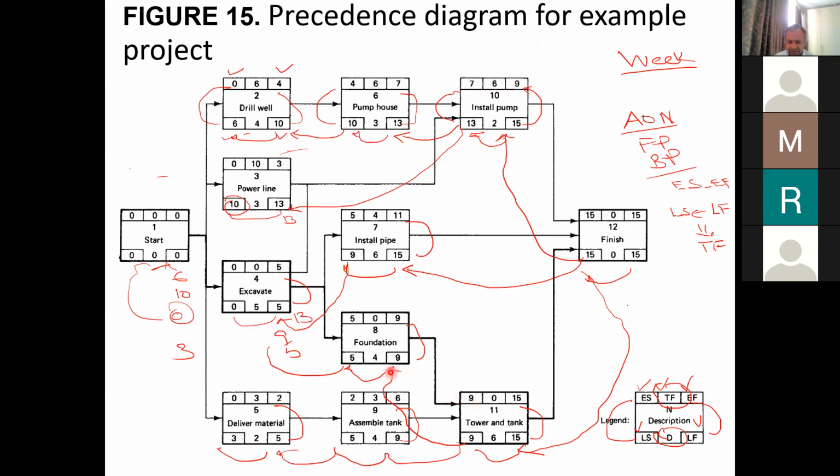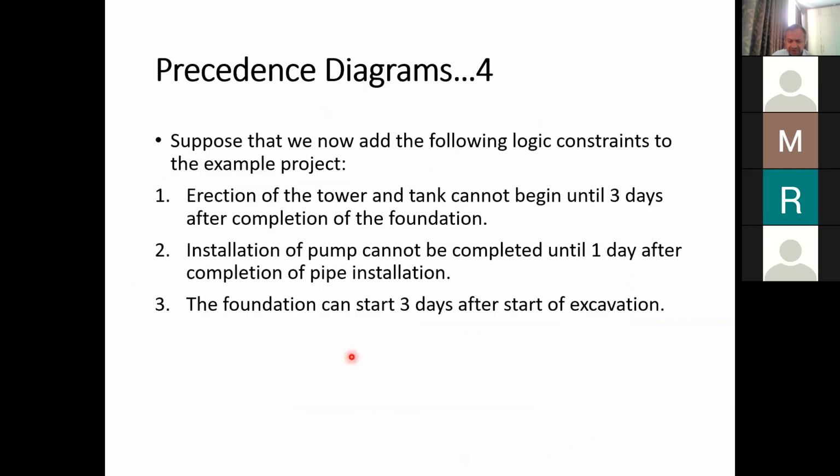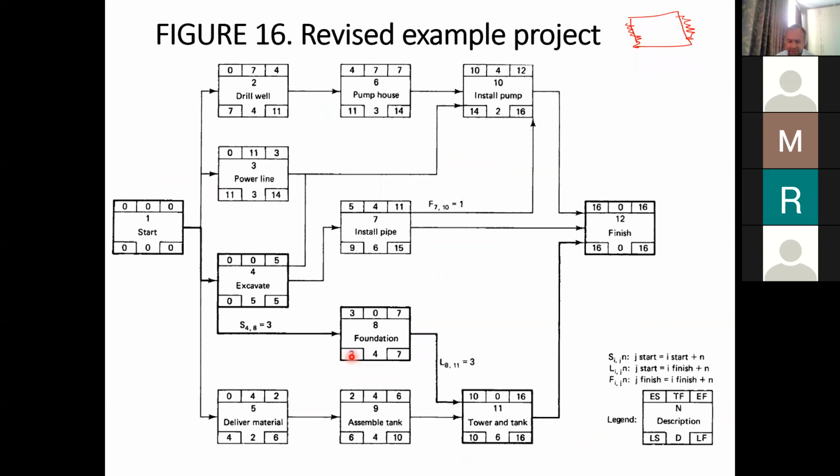Here you can see that you have excavate and then foundation. The foundation was connected with the excavate with a finish to start relationship. But now that finish to start relationship has been removed, and it has been replaced with the start to start relationship. This start to start relationship ensures that we can start the foundation earlier.